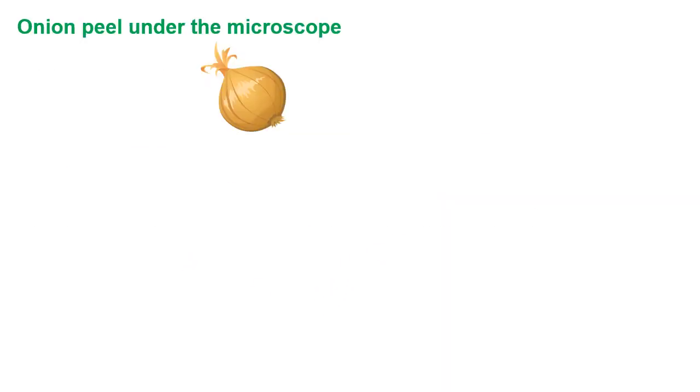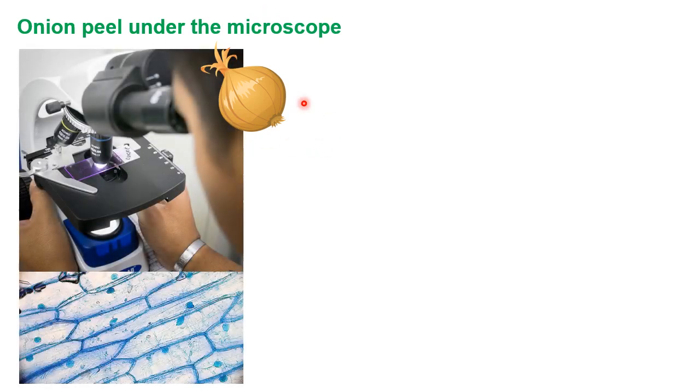Now you must have done this experiment so many times. It is there in your lab manual also. Onion peel under the microscope. If you take a thin peel of onion and observe it under a microscope, you will see structures like this. These are nothing but what? Cells in an onion peel.